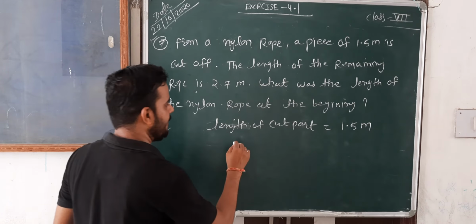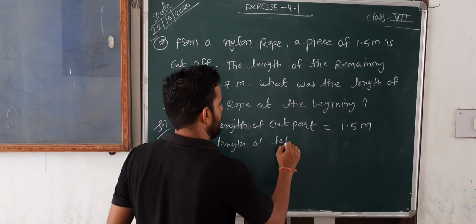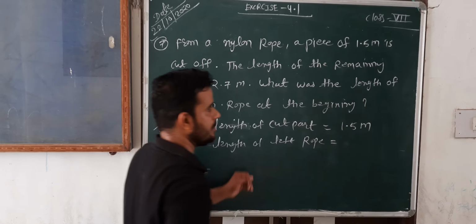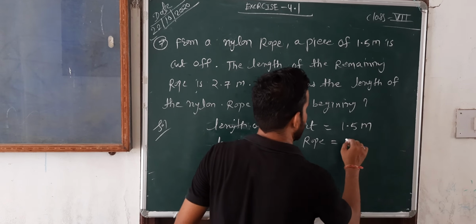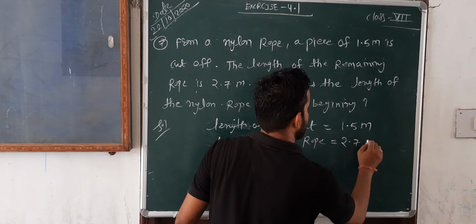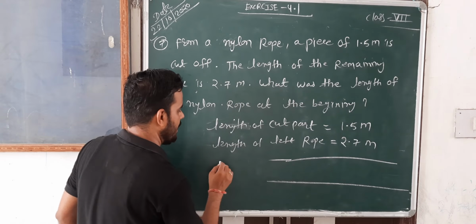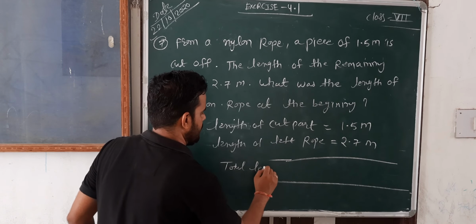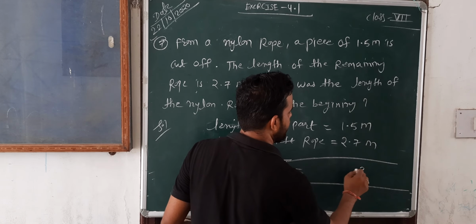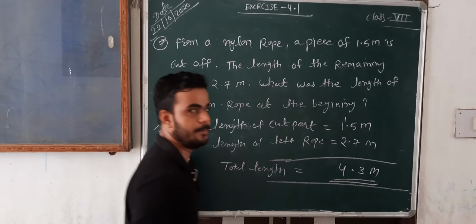And the length of the left rope is 2.7 meters. Okay, so now you just find the total length of the rope. Add both of these. 7 plus 5 is 12, carry 1, 2 and 2 is 4. 4.2 meters is the length of the total rope.